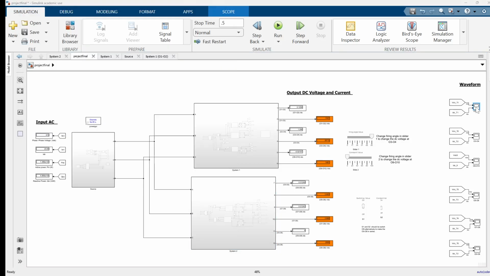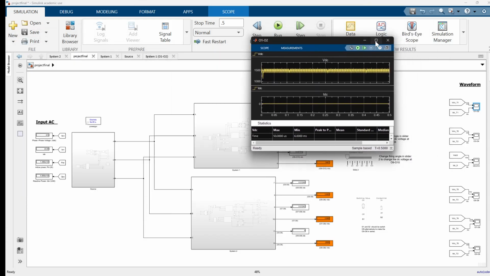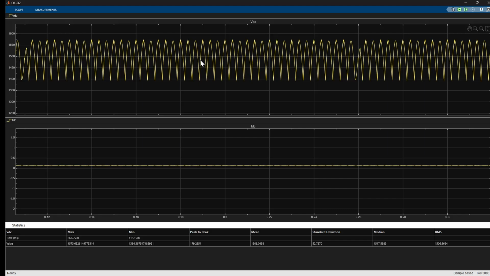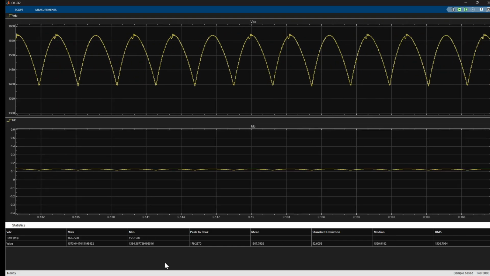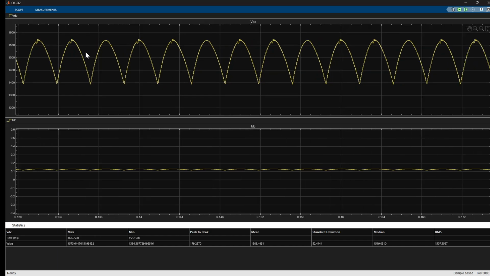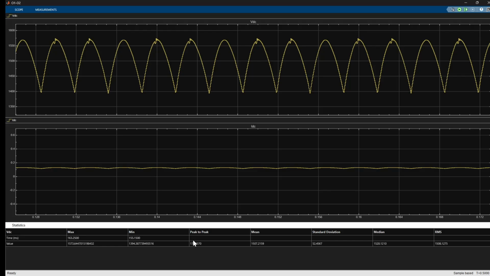Then if you check the waveform, this is the output waveform where you have a current IDC of 0 point something here. Firstly, the waveform of the DC voltage. You can see that this is a DC voltage waveform, and the peak voltage is 1179 volt, and you can see that its mean is 1507.